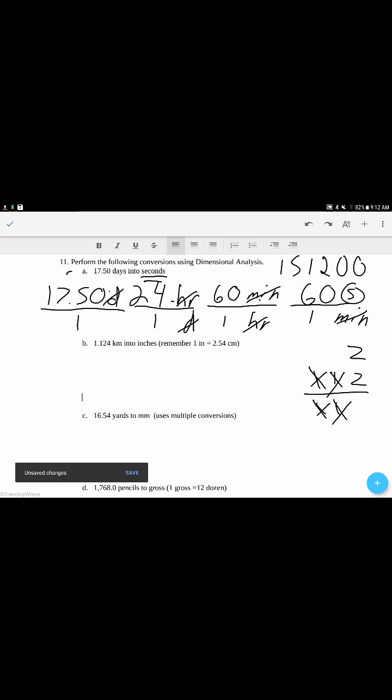And we take all our bottom numbers, 1 times 1 times 1 times 1, and we would put that on the bottom, but since 1 times 1 times 1 times 1 is 1, and 1,512,000 divided by 1 is 1,512,000, we can just call that good and put our label on, and that is our final answer.